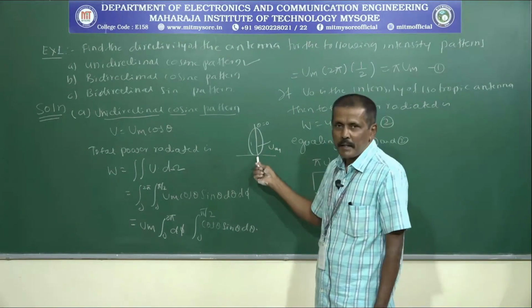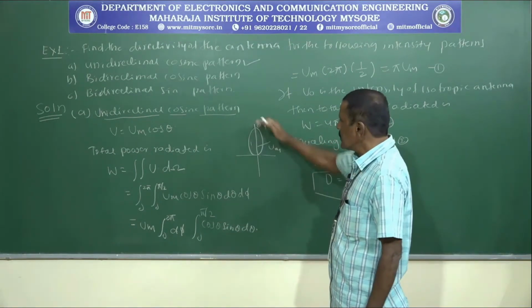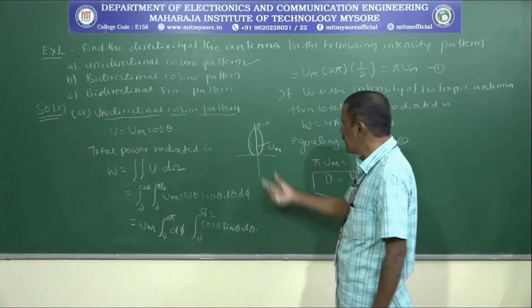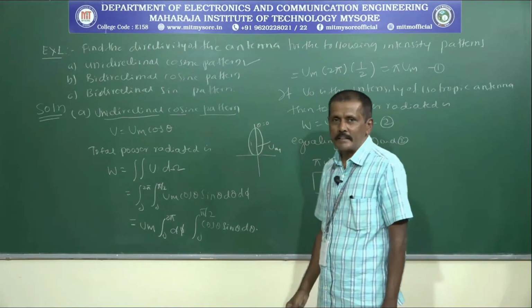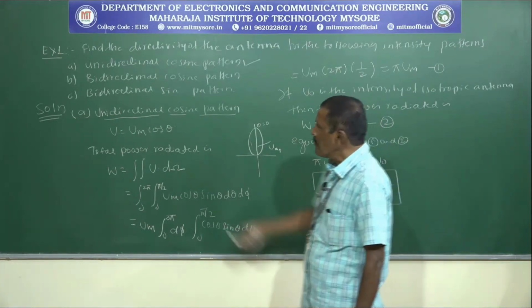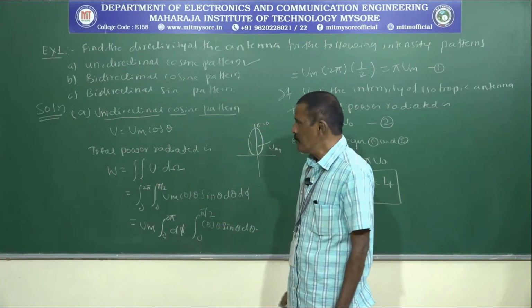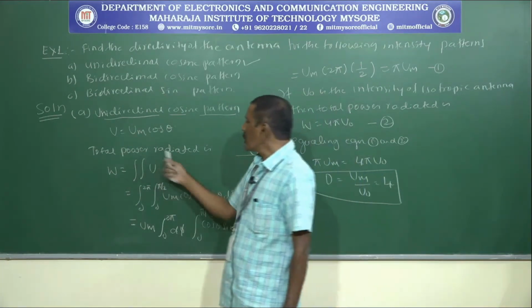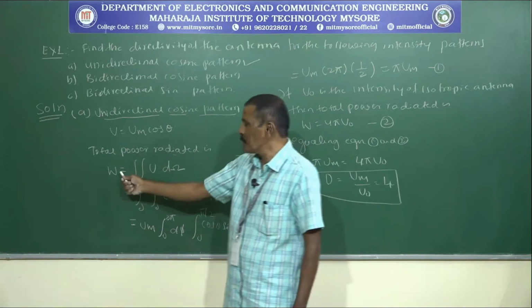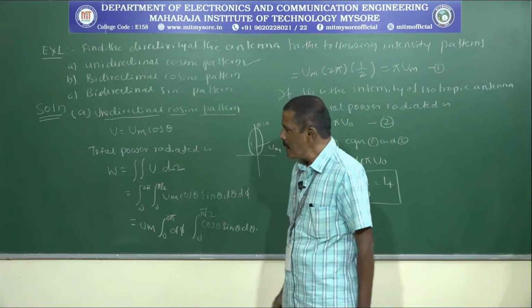The unidirectional cosine pattern is shown in this figure, because the radiation pattern of the antenna is in only one direction, and therefore it is called unidirectional. For the unidirectional cosine pattern, u is equal to um cos theta. Then the total power radiated is W equal to the double integration of u into d omega.